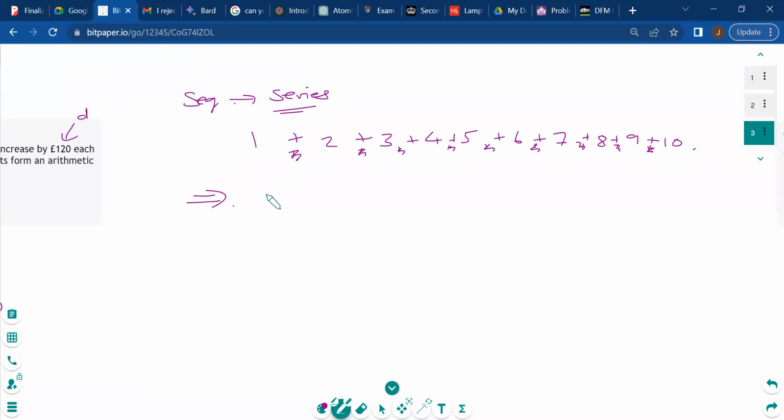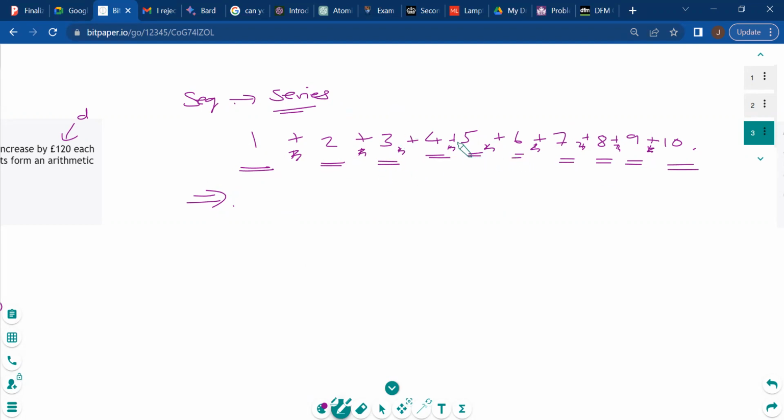Let's instead think about pairs. So I'd like you to pair up 1 and 10 and add those together. I'd then like you to take 2 and 9 and add those together. Now 3 and 8. Now 4 and 7. And now 5 and 6.